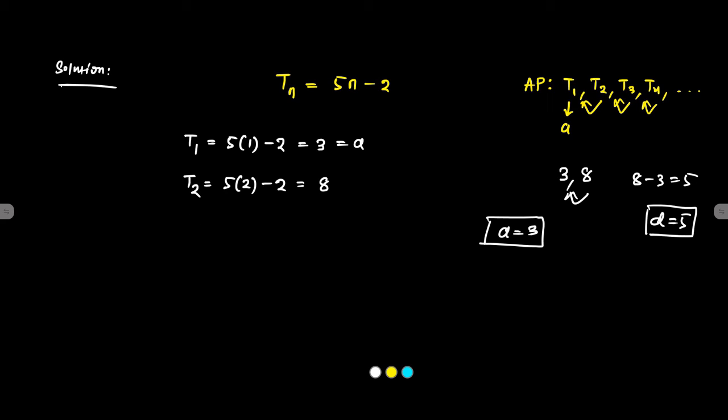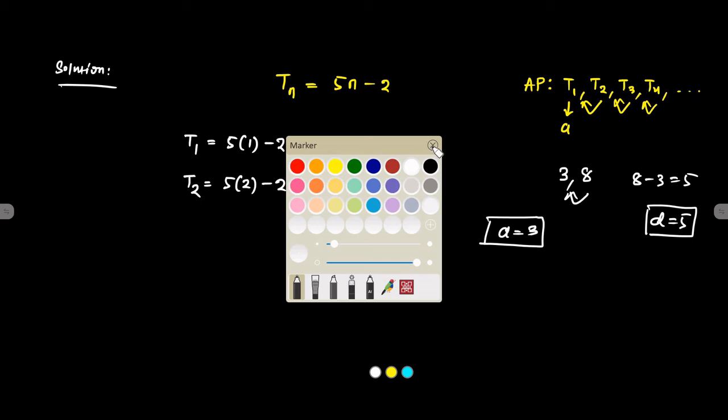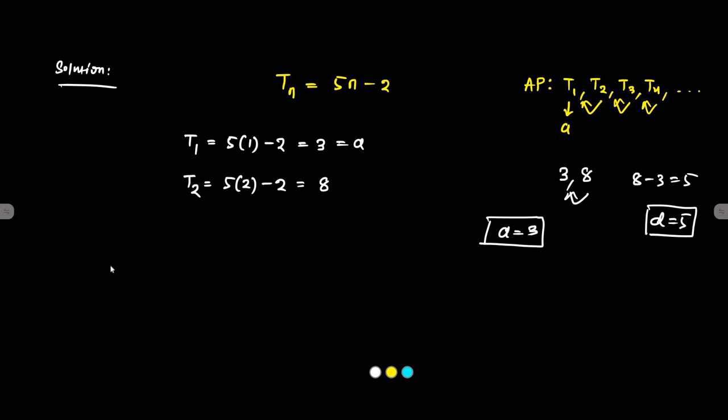First is the nth term general AP formula, that is Tn is equal to A plus n minus 1 into D. So here the 19th term, T19, is equal to A plus 19 minus 1 into D, which is equal to A plus 18D.